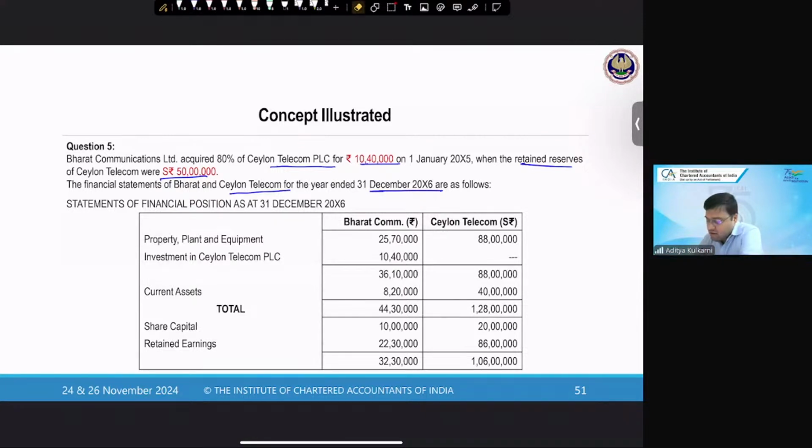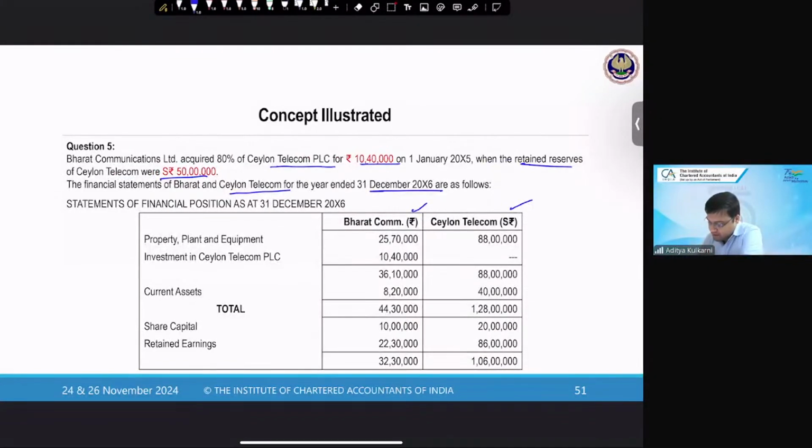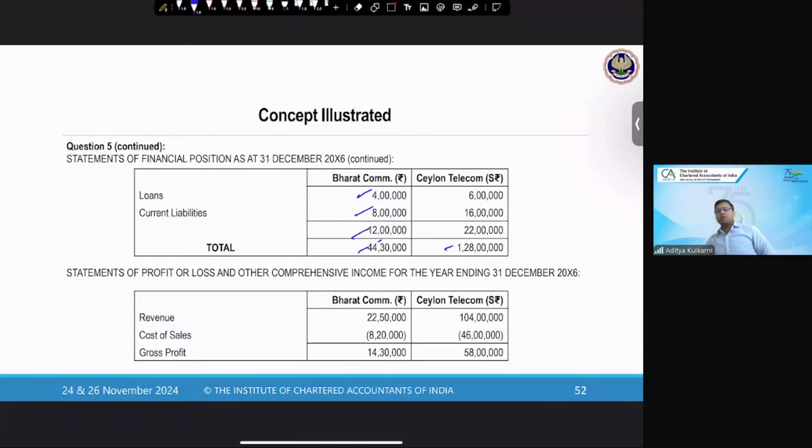This is in INR, this is in foreign currency: PPE, investment in Ceylon, current assets, total, share capital, retained earnings. Statement of financial position continued: loans and other current liabilities. So total comes to 44 lakh 30 and 1.28 crore respectively.